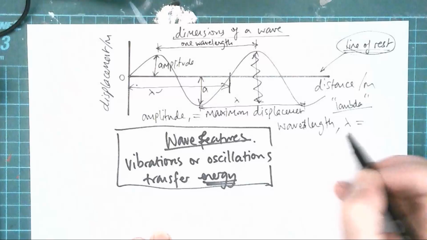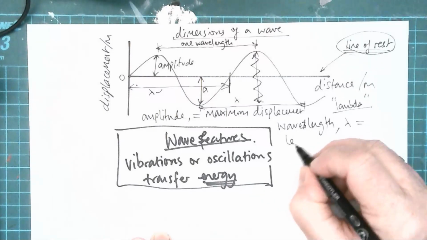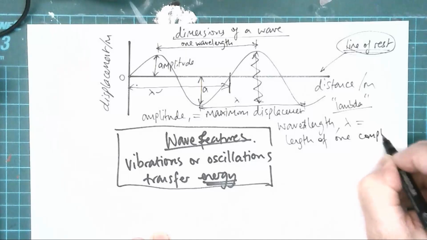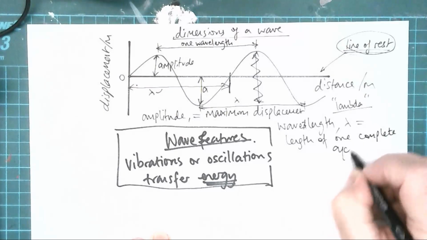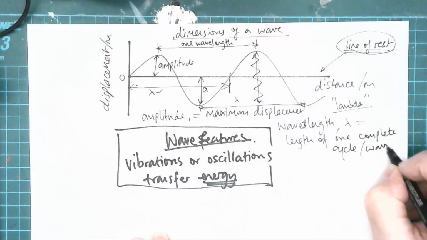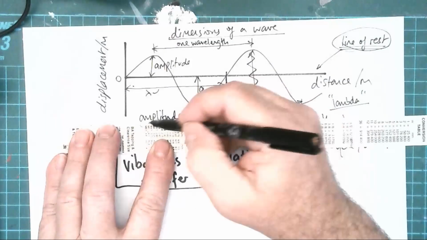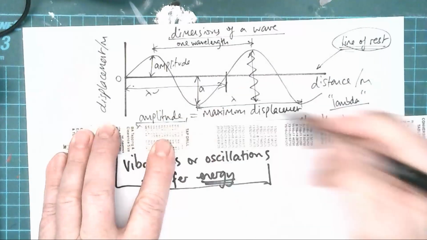Wavelength is the length of one complete cycle or wave. Okay, so amplitude, let's just highlight that. You need to know that. You need to know that.